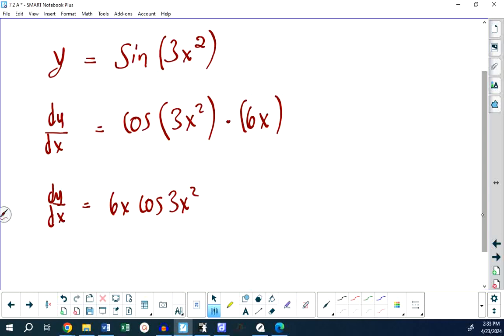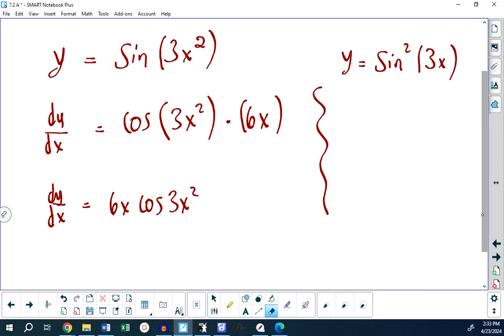Let me throw a different question your way. What if I had y equals sine squared of 3x? Heck, now that we're just making up questions, what's the derivative of sine squared of x?